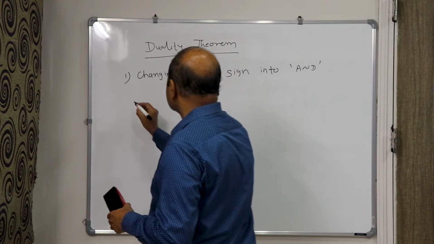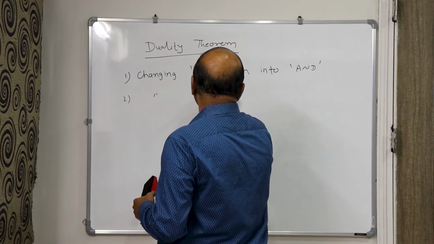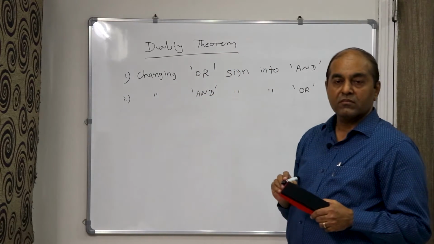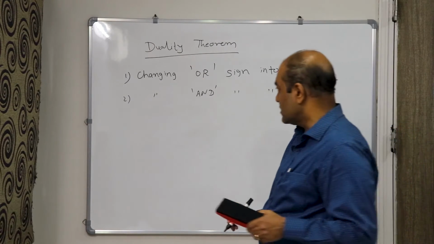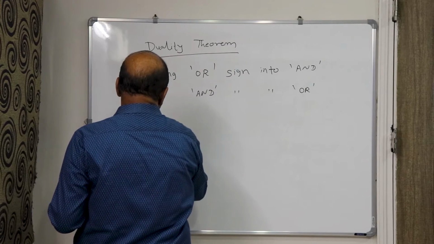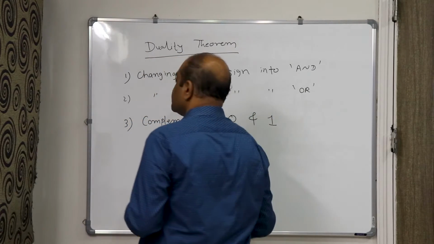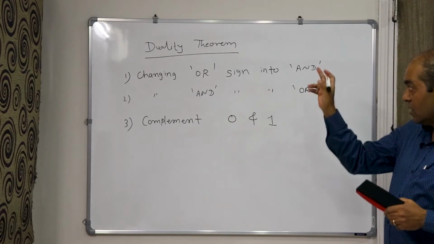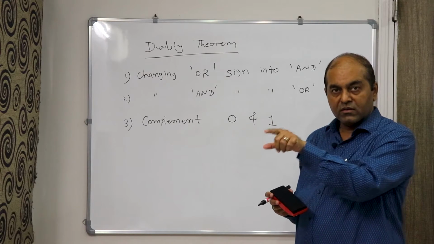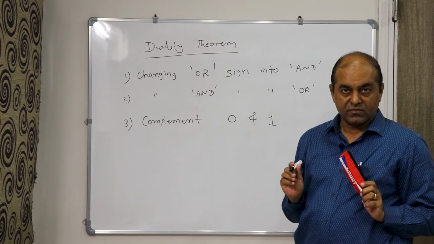Number two, changing AND sign into OR sign. And number three, complement 0 and 1. Again, changing OR sign to AND, changing AND sign to OR, and complement zeros and ones.